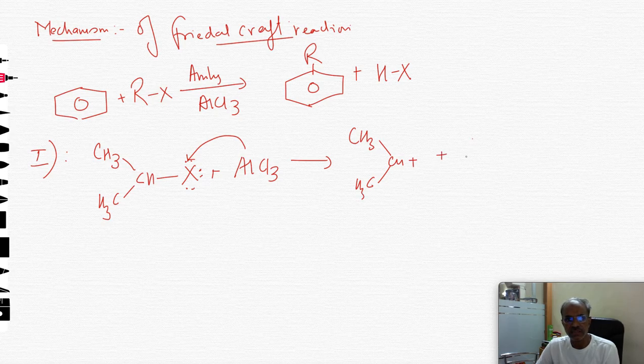Here is the electrophile formation. Then AlCl4 minus. Right? Now the second step.